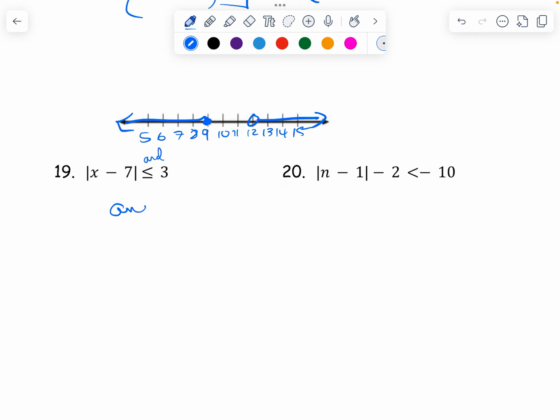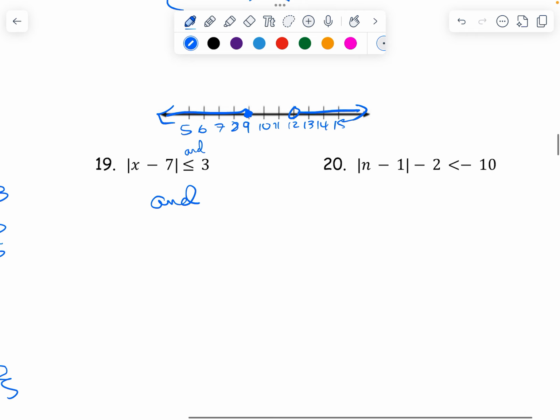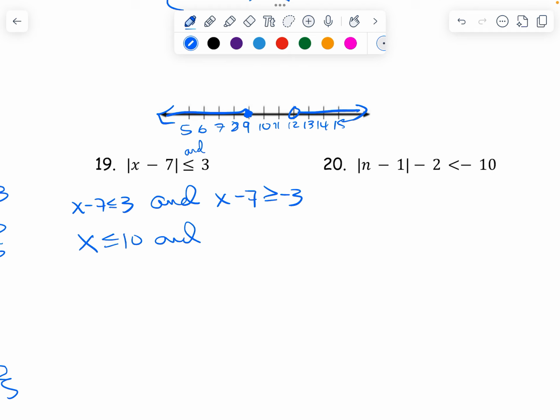So this has an and in between. So x minus 7 is less than or equal to 3, and x minus 7 is greater than or equal to negative 3. So x is less than or equal to 10, and x is greater than or equal to 4.